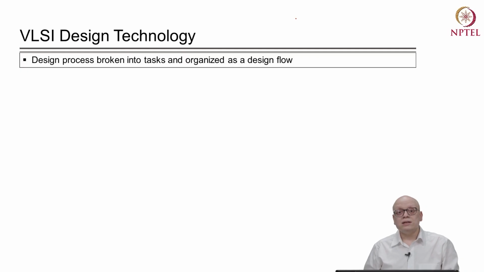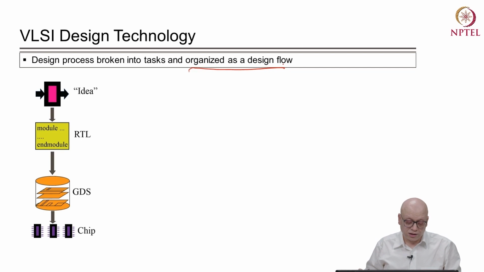We understood that the designing of a chip is a really challenging task, and to simplify it, what we do is that we break the whole task into smaller, simpler tasks and organize those tasks in the form of a flow, which is shown in this figure.